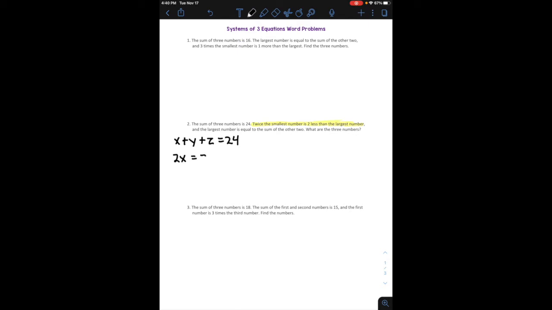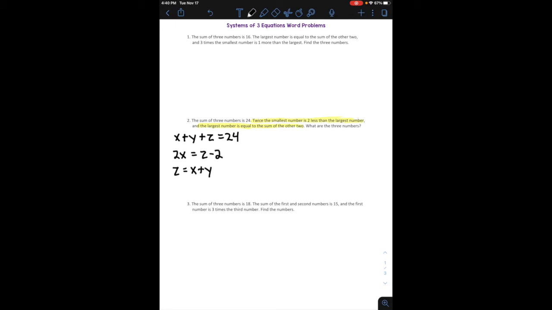I'm going to say z is the largest, so that would be z minus 2. And the last part says the largest number is equal to the sum of the other two. I already said the largest was z, so we have to use z in the last equation to represent the largest. And the sum of the other two would be x plus y.